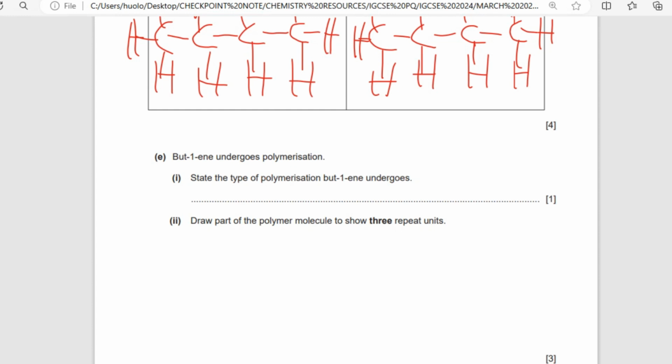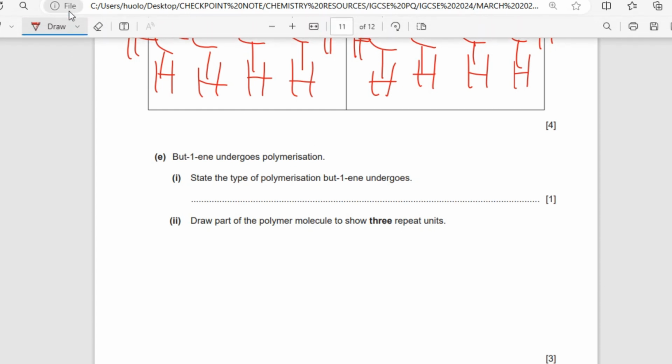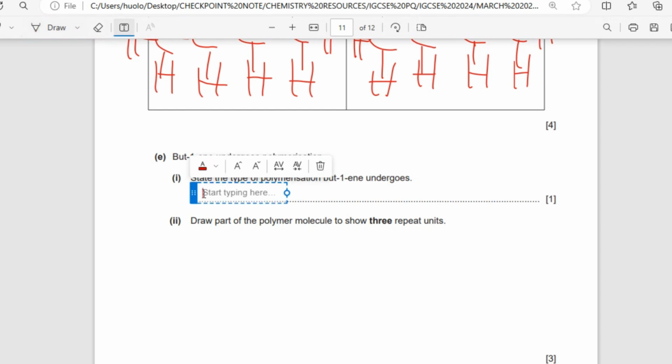So here we are looking at both undergoing polymerization. You have many monomers joined together to form just 1 product, and that's why we call it addition polymerization. No other product will be formed, only 1 product, and so we call it addition polymerization.